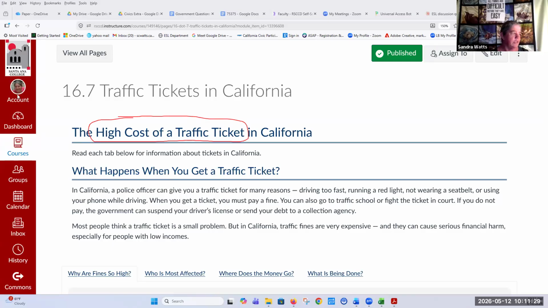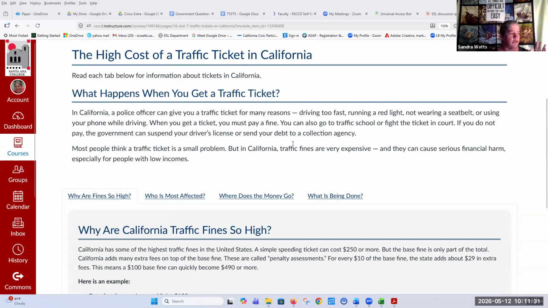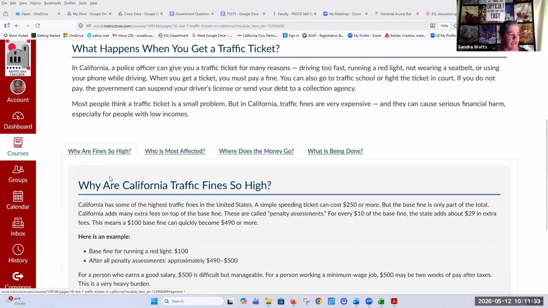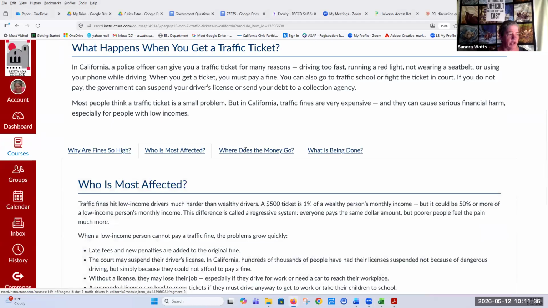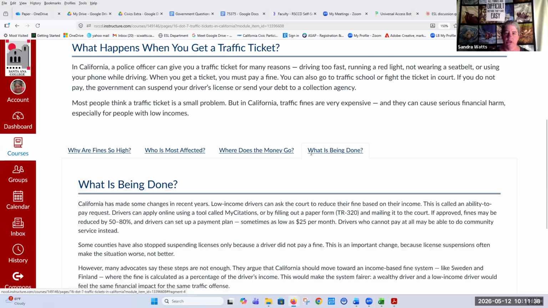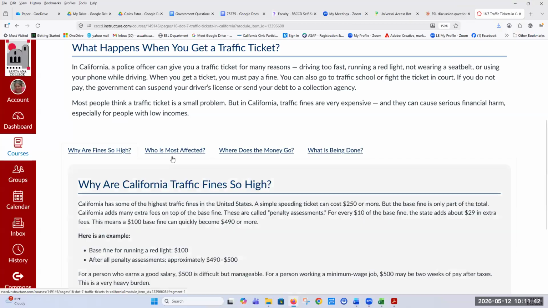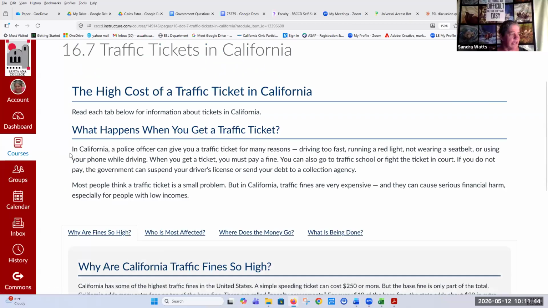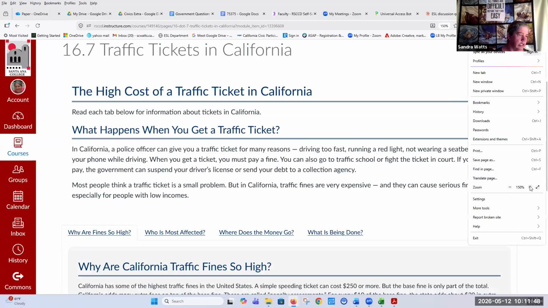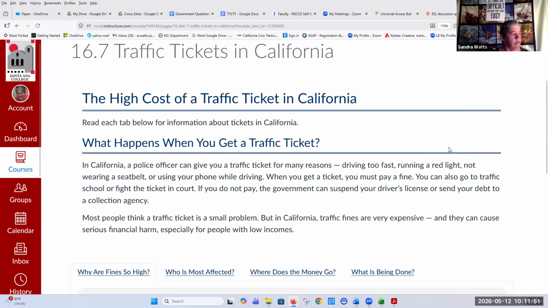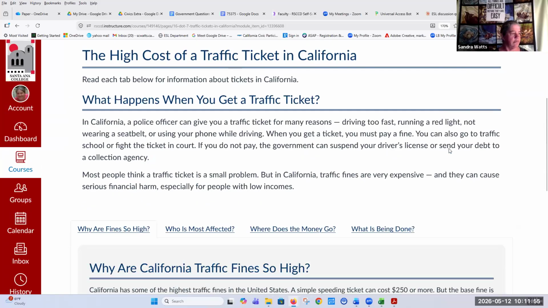I separated this into sections because it's a longer reading, so you don't have to go up, down, up, down. I am going to read the introduction paragraph, and then hopefully I will get volunteers to read the other sections.